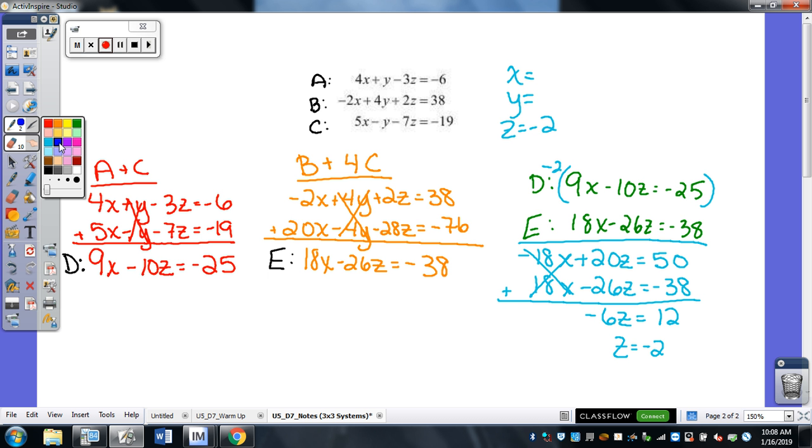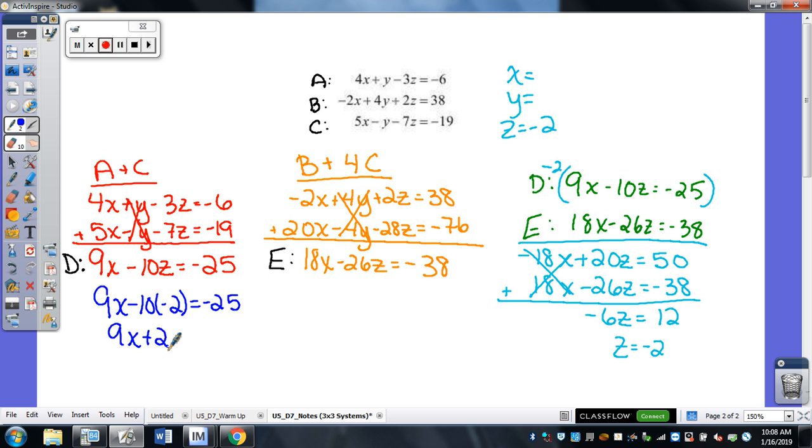So now remember, we go back to either D or E, plug in our negative 2. I'm going to use my D equation. Plug my negative 2 in for my z.